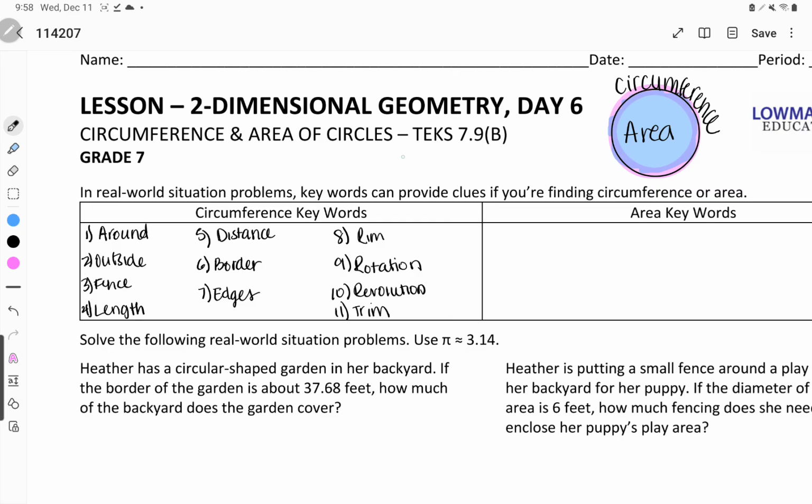All of these words are talking about going around the edge or the perimeter of your circle. So all of these have to do with circumference.